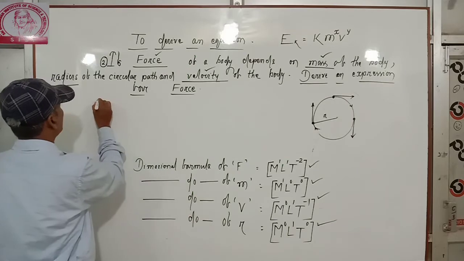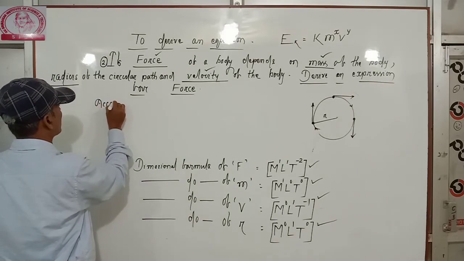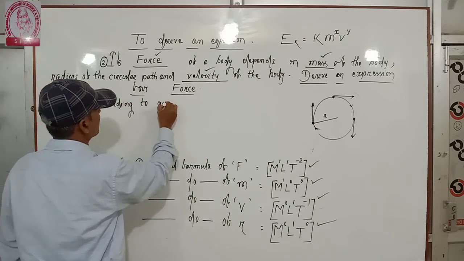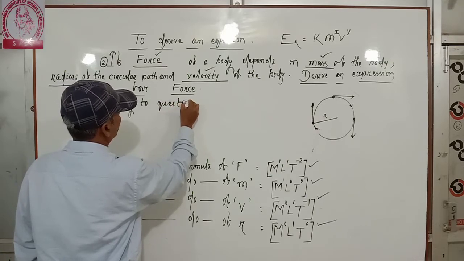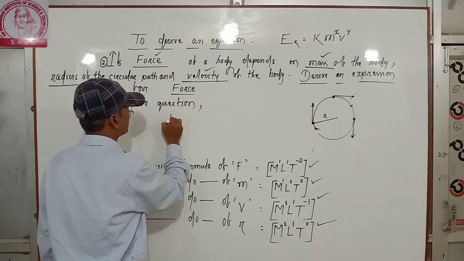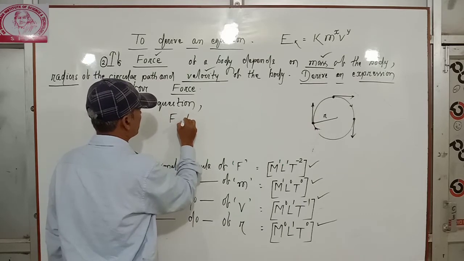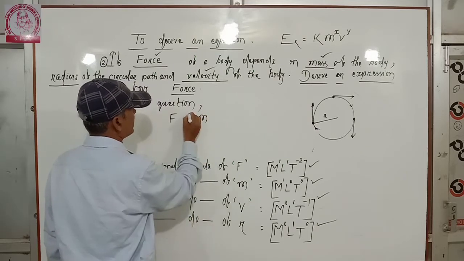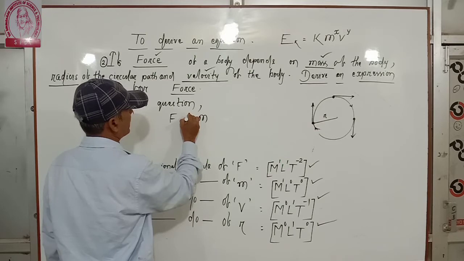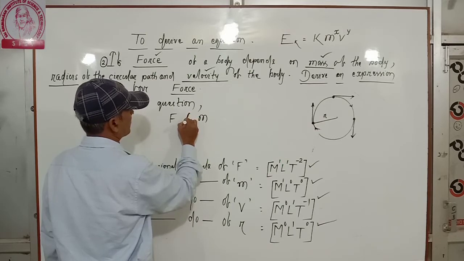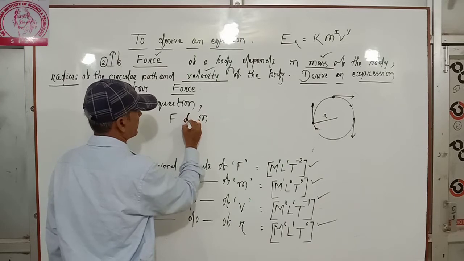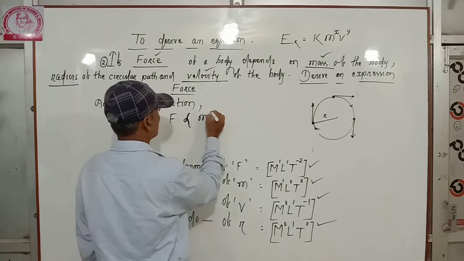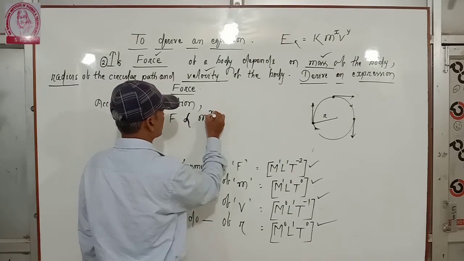According to the question, F is proportional to M, it is depending upon mass, so it is M to the power x.